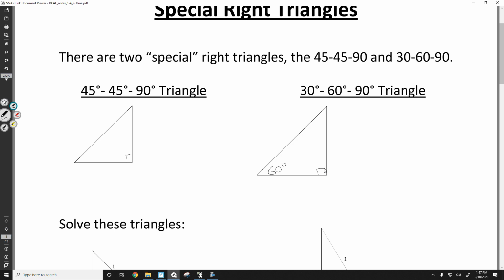Now, you guys remember when we first introduced radians, where radians came from? Where did 2 pi come from? Where did it come from?